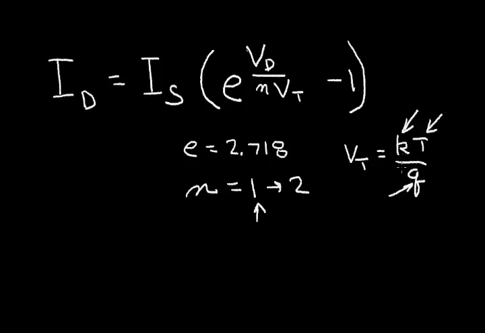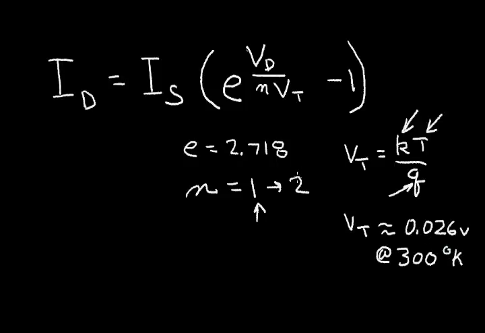Now at room temperature, V sub T is approximately 26 millivolts, or 0.026 volts, and that's at 300 degrees Kelvin, which corresponds to approximate room temperature.